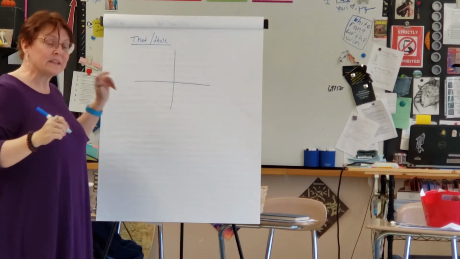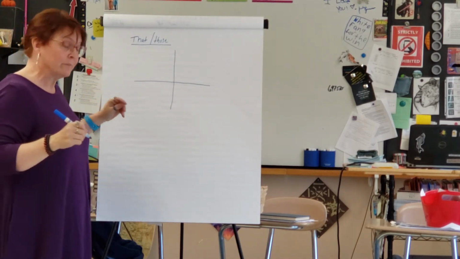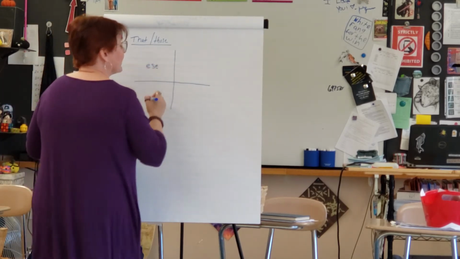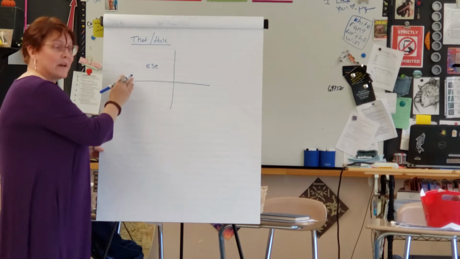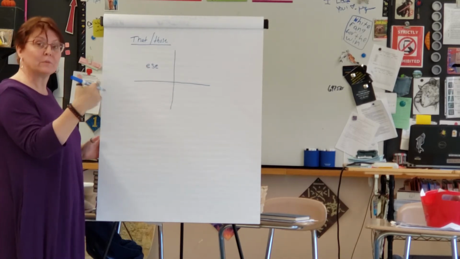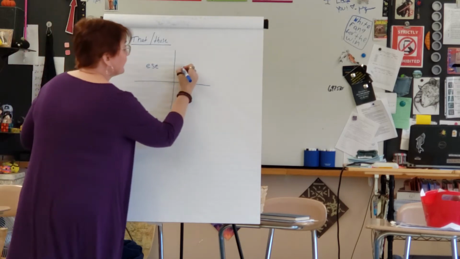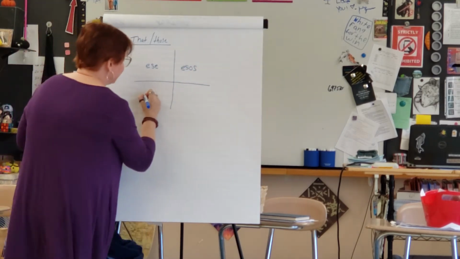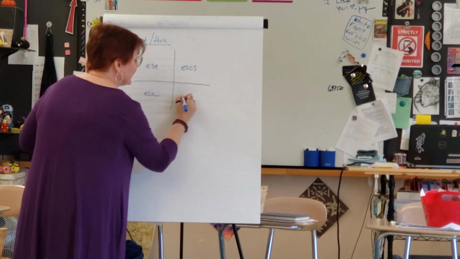It will be set up identically to the one on the previous page. Ese is the masculine. So just like este, the plural would then be esos. Esos. The feminine is esa and esas.